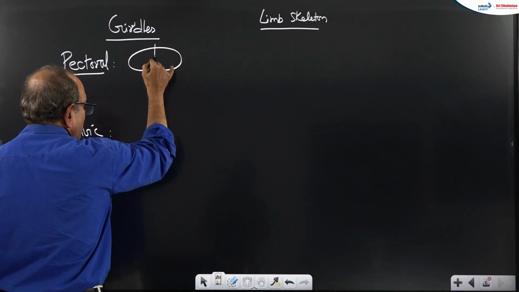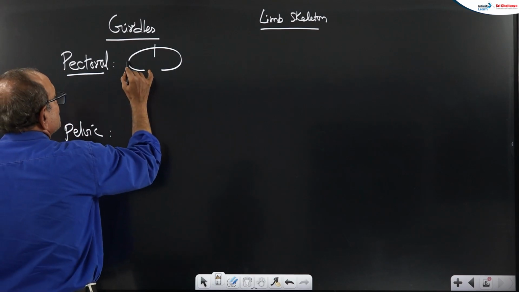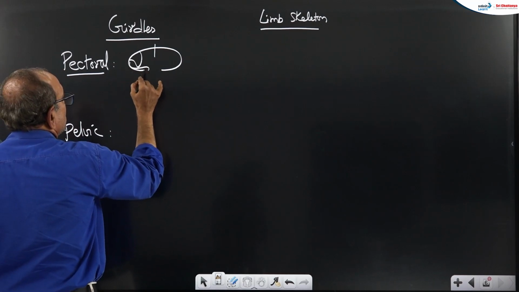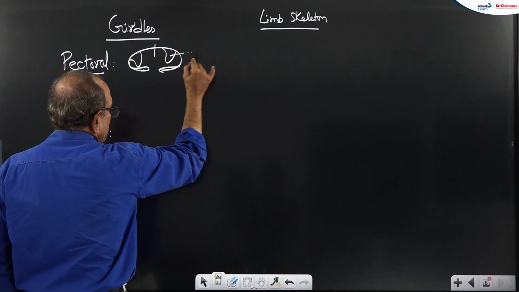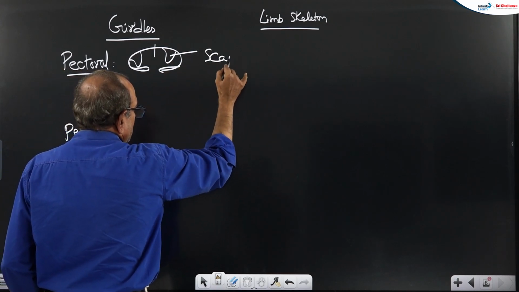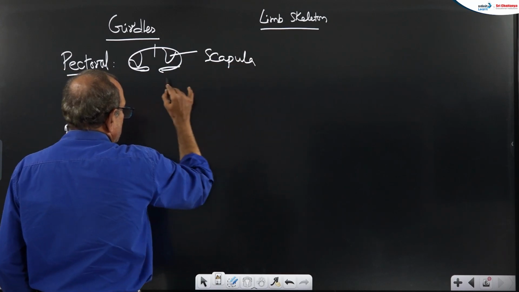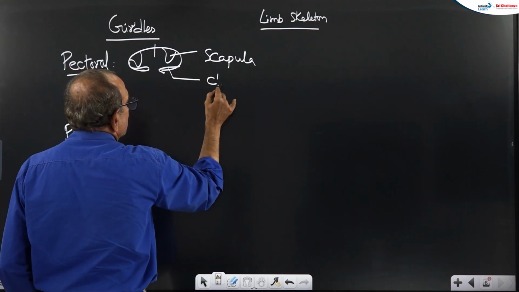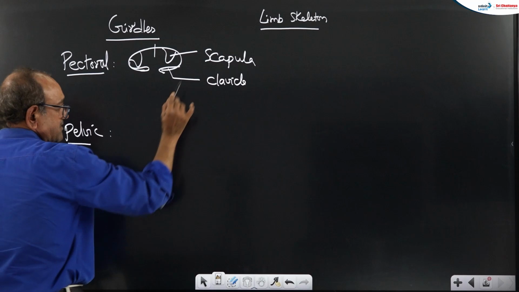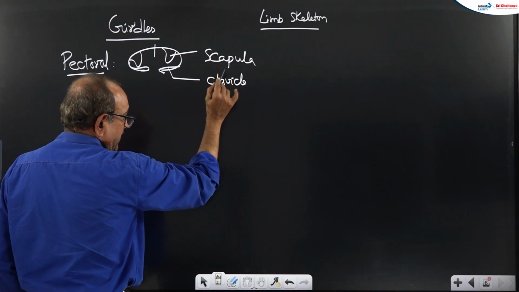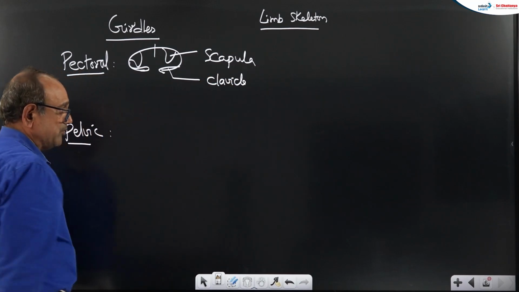Each half of the girdle contains two bony elements, the scapula and clavicle. Each half contains one scapula, the shoulder blade, and one clavicle, the collar bone.